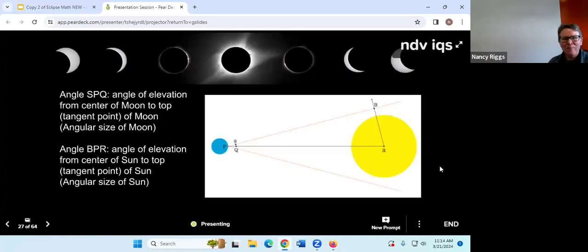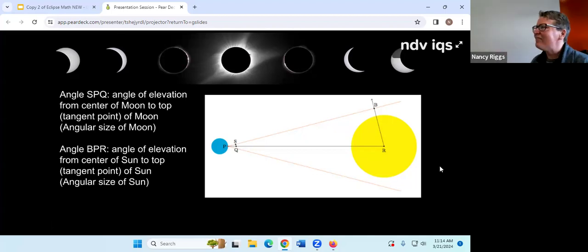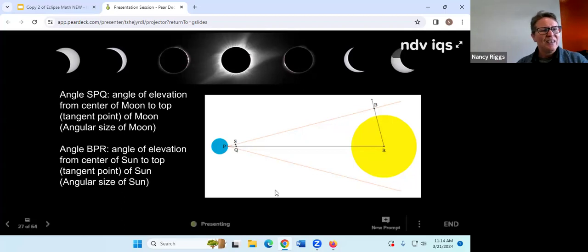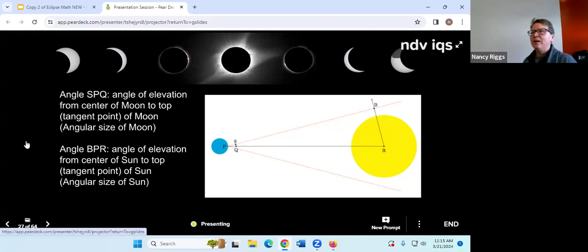Then we've got some angles. Now we've obviously got a lot of angles here. This angle in particular, we're going to come back to and talk about a little bit more later. So we've got SPQ. So that's this little angle here, if you can see my cursor. And similarly, BPR, it's this angle. So I'm using that term angle of elevation.